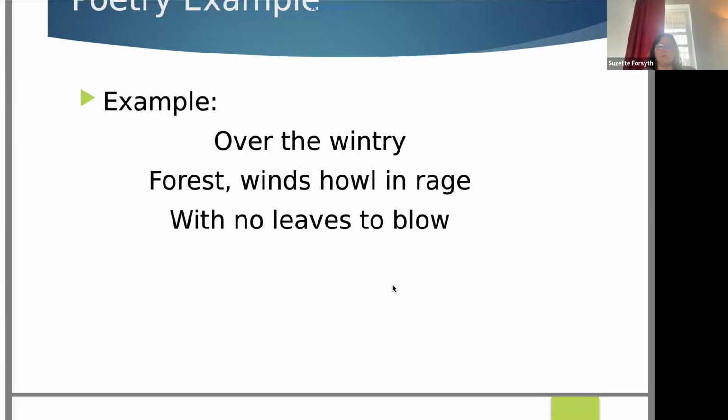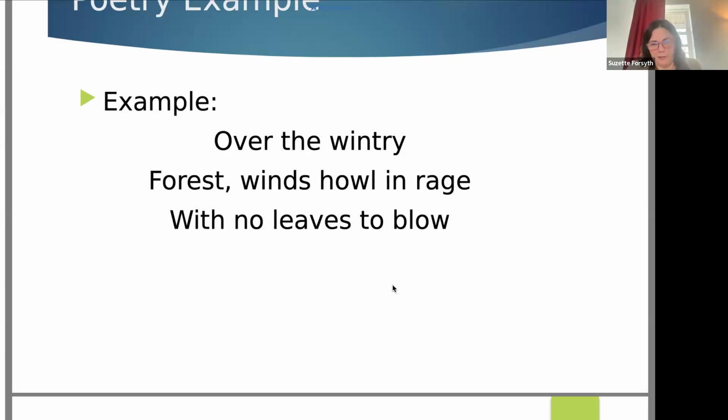To get the theme, you have to combine the two. And here we have over the wintry forest, winds howl in rage with no leaves to blow because it's winter, right? So maybe, and the nice thing about poetry is different people might interpret that differently, and that's okay.